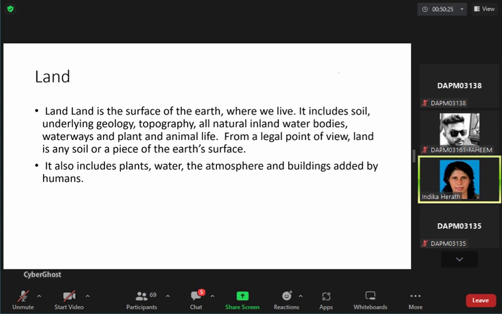So there are geological aspects. There are types of rocks, hard rocks and soft rocks, and these rocks can have various characteristics.